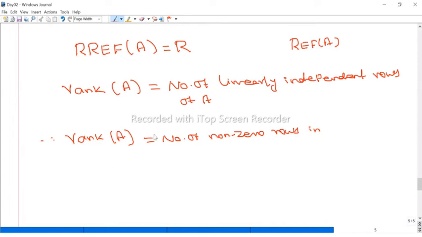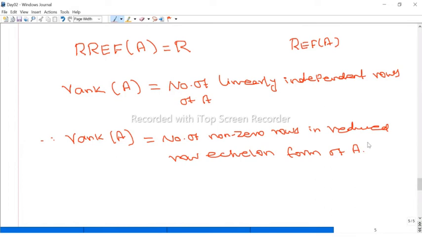Given A, we can find a row echelon form and a row reduced echelon form, usually called REF of A and RREF of A. We take the row reduced echelon form and find the number of non-zero rows in it. We define that as the rank.